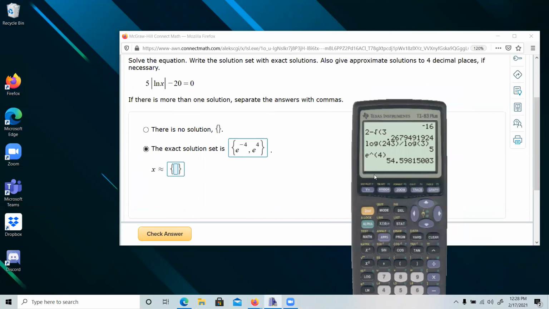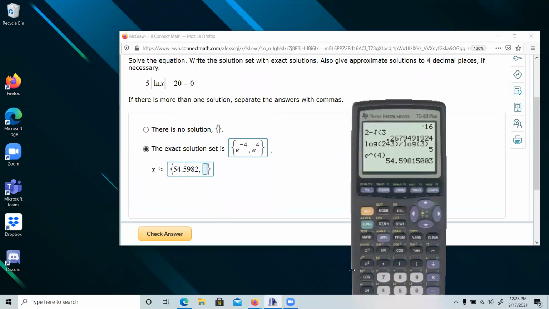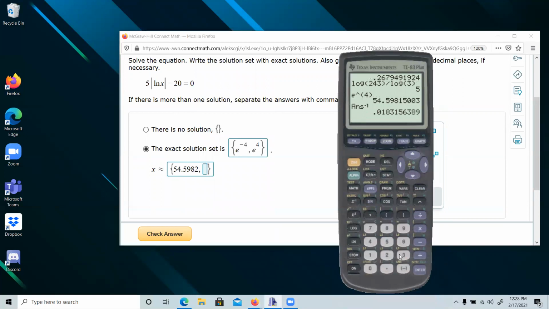So we're going to do 54.5982. Or we need 1 over e to the 4th. So 0.0183.